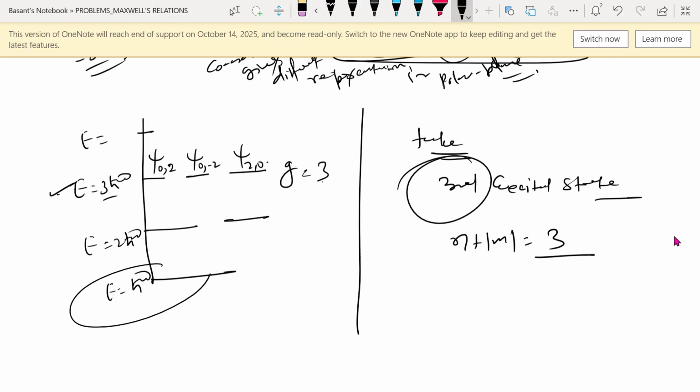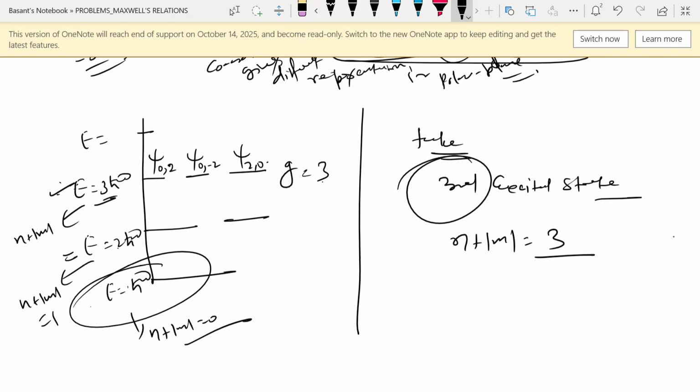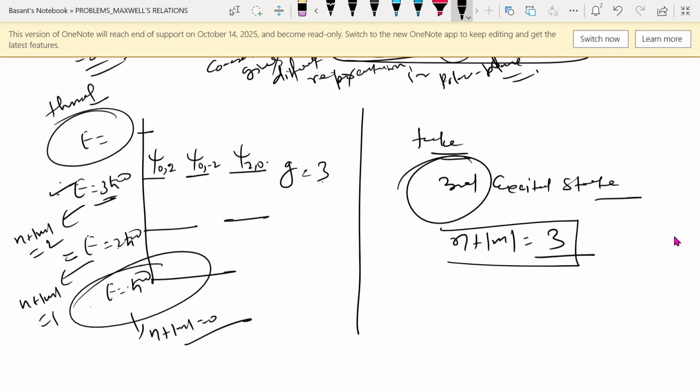Because for the 0th excited state, we have taken n plus mod m is equal to 0. And for the first excited state, we have taken n plus mod m is equal to 1. And for the second excited state, I have taken n plus mod m is equal to 2.